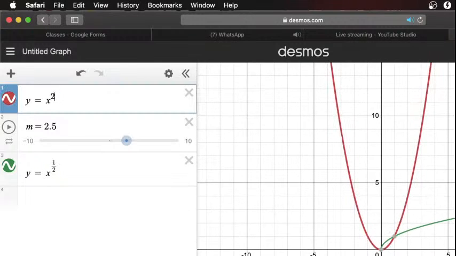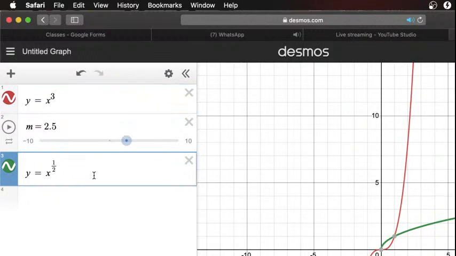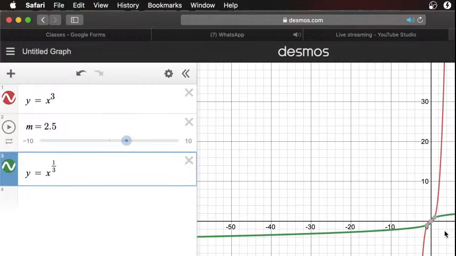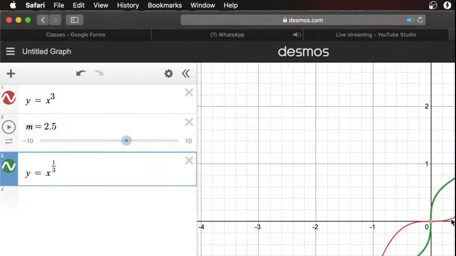Let's take y equals x cubed and y equals x power 1 by 3. We'll notice this much more prominently here: y equals x cubed and y equals x power 1 by 3 appear like a mirror image about this line x equals y.